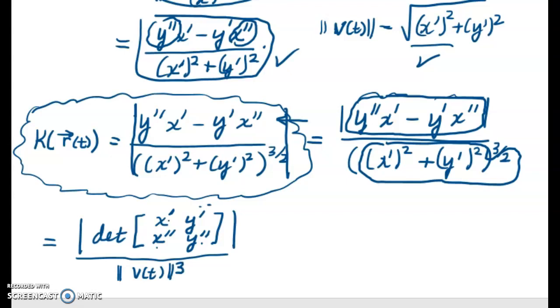And then notice that if you think of this first row as a vector, that's the velocity vector. And the second row is the acceleration vector.